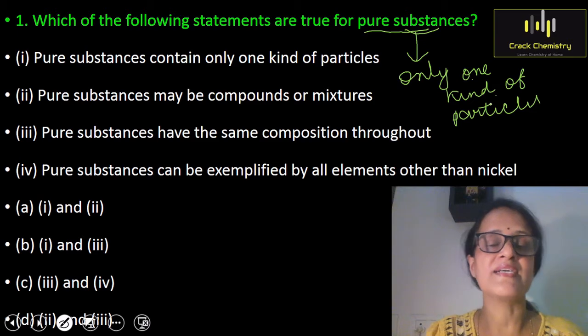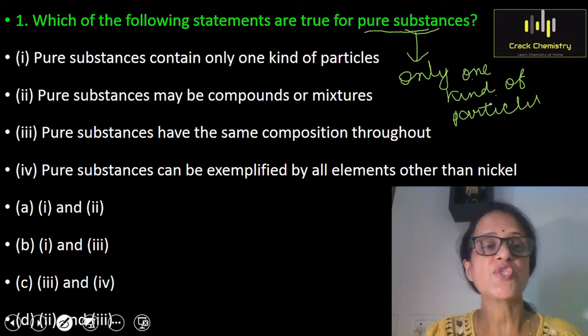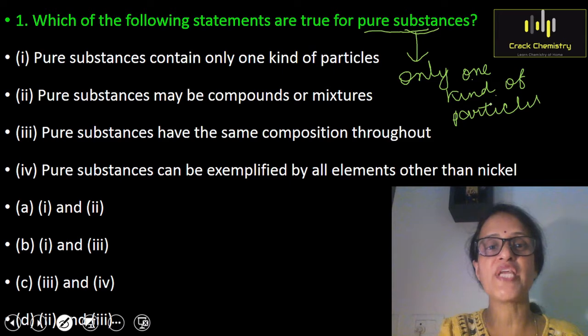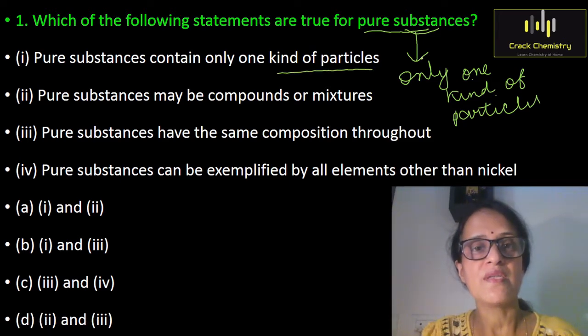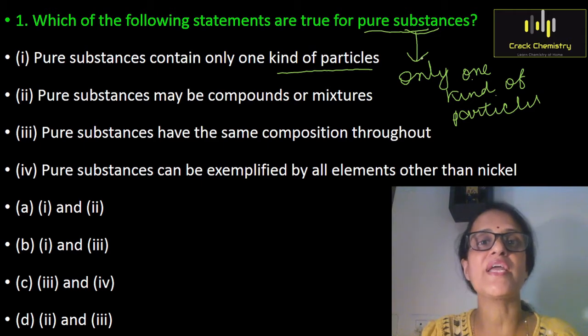So now we will see the options. First option is pure substances contain only one kind of particles. So children, this is the correct statement because pure substances are made up of only one kind of particles. These particles may be atoms, they may be molecules of a compound like water, CO2, NH3 which is ammonia. They all are molecules of a compound.